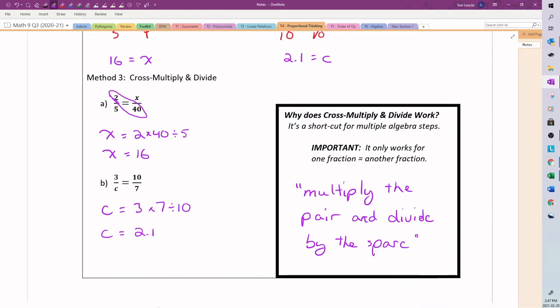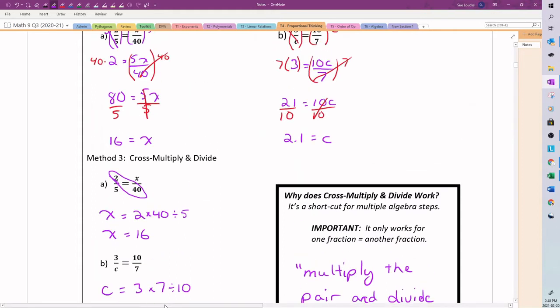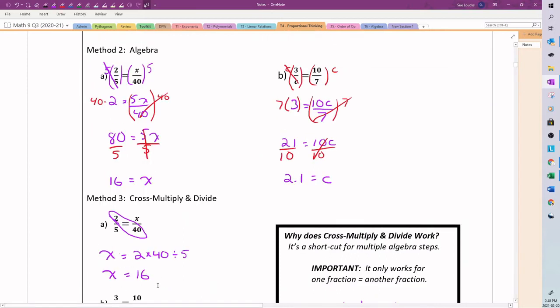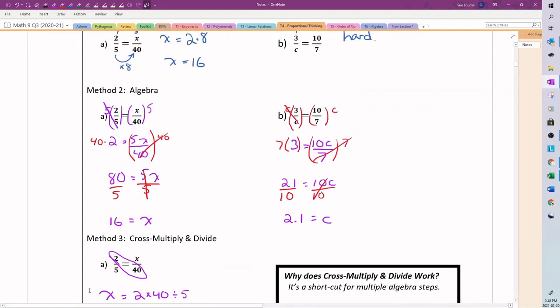Now, why does cross multiply and divide work? It's actually a shortcut for all of the two-step algebra that we did up top here. If you look up here in this example A, we multiplied, and we ended up with, on this line, 2 times 40, and then we divided by 5.